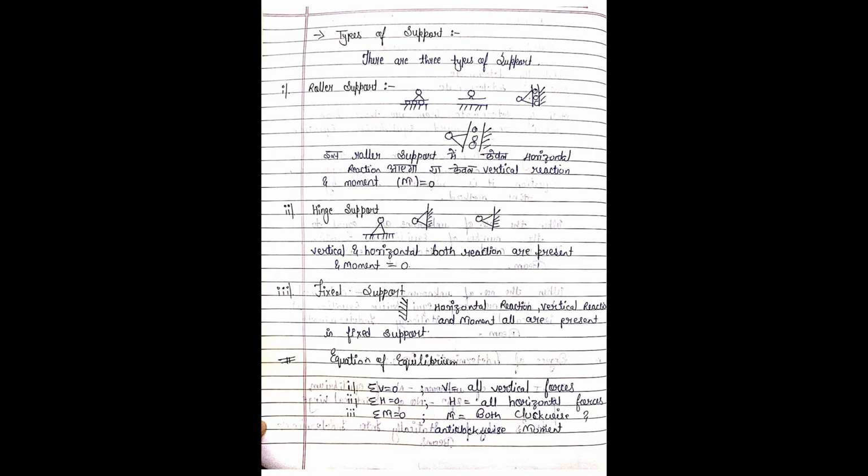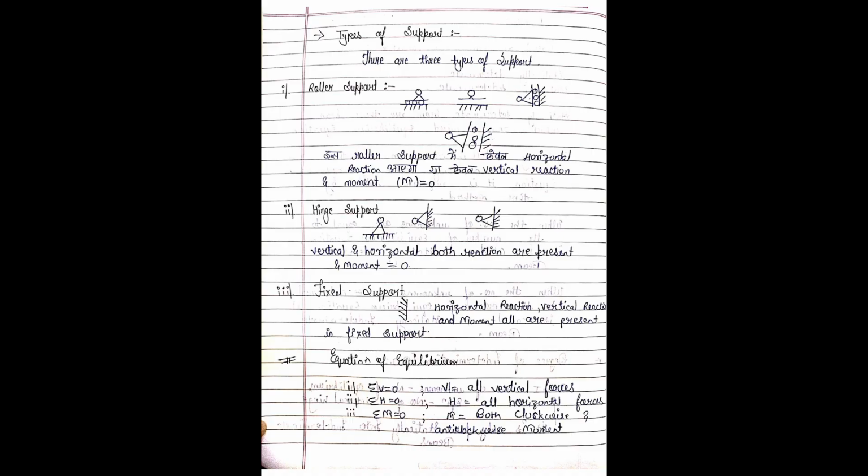Now we have three equations of equilibrium. The first equation of equilibrium is sigma H equal to 0, which means the algebraic sum of all the horizontal forces is equal to 0. That is, the summation of all the horizontal forces towards the left is equal to the summation of all the horizontal forces towards the right. Sigma V equal to 0 means the algebraic sum of all the vertical forces is equal to 0, that is, the total upward load is equal to the total downward load.